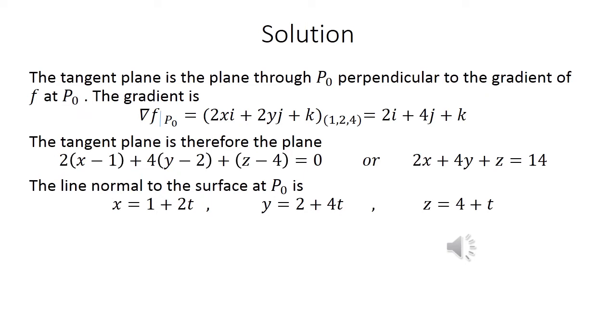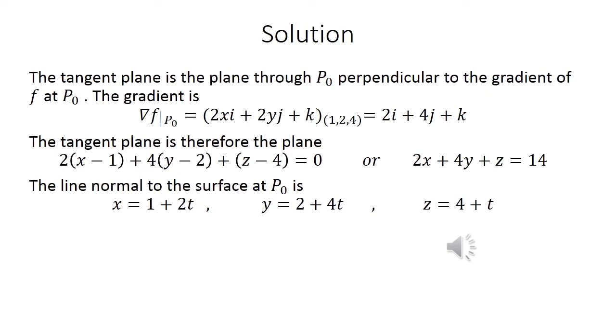So the gradient of f at P0 equals 2x i plus 2y j plus k at the point (1, 2, 4), which can be simplified to 2i plus 4j plus k. The tangent plane is therefore, by the definition, 2 times (x minus 1) plus 4 times (y minus 2) plus (z minus 4) equals 0.